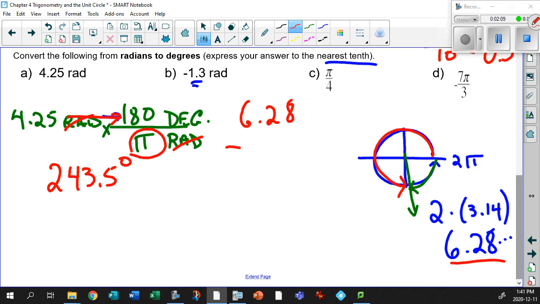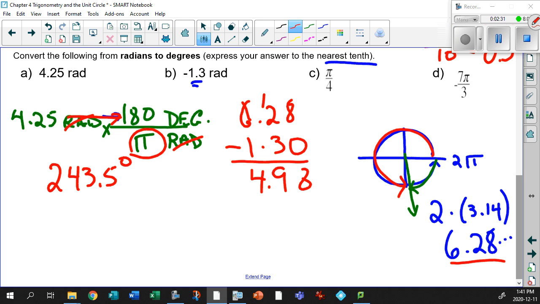I'm going to subtract out the 1.30. This is going to leave you with 4.98 radians. Oh, that's not that tough, is it?